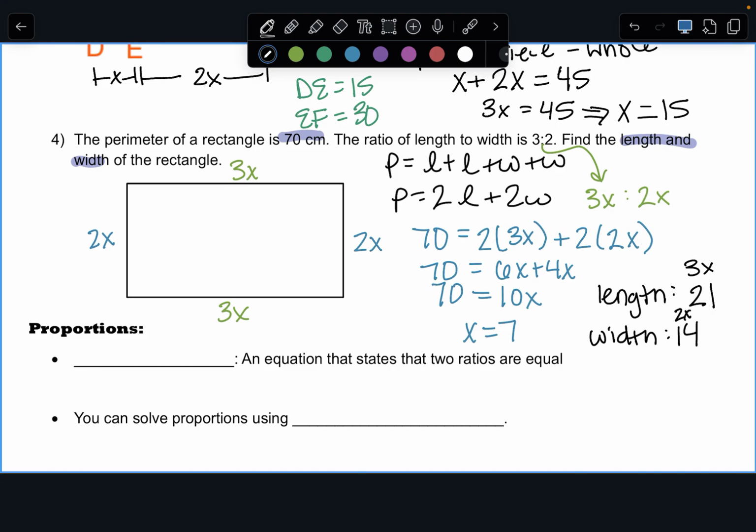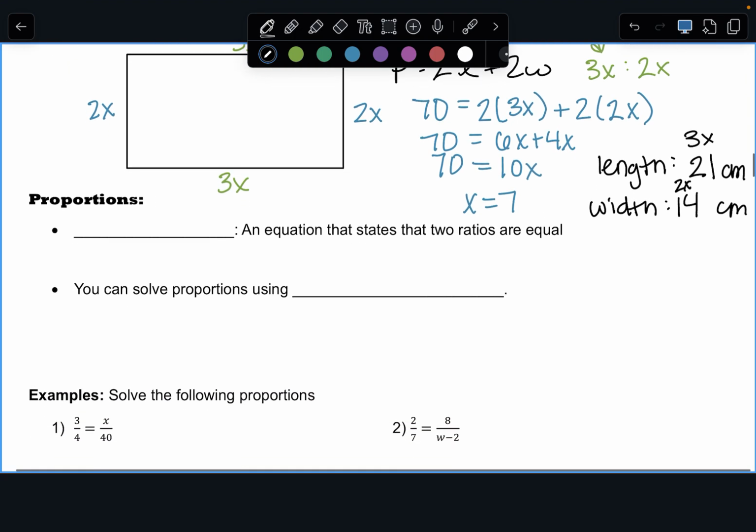It will. Not just these two, but multiply each one by 2. We don't need it in ratio form. It just said find the length and width. Oh, it's the units. 21 what? What am I talking about here? I'm talking about centimeters. You need to keep your units, okay? So if the question gives you units, make sure you end with some form of unit.